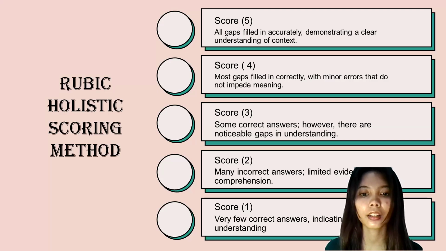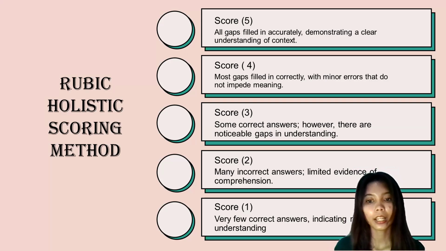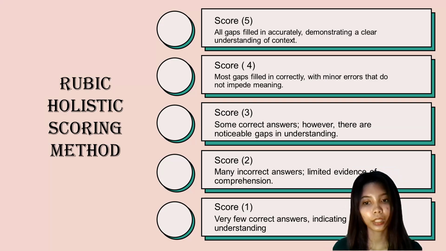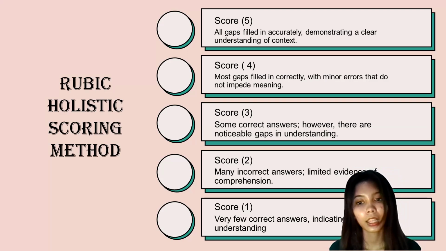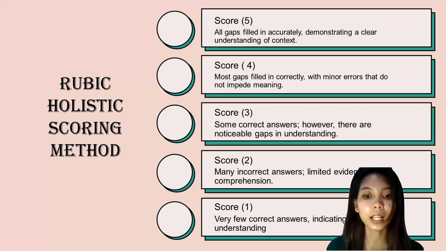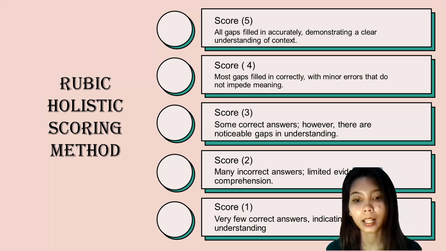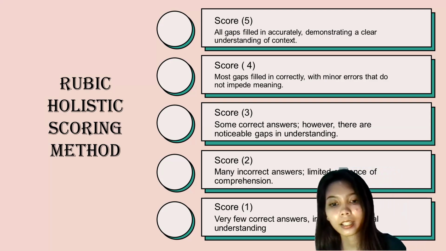However, there are noticeable gaps in understanding. And I will give you a score of 2 for many incorrect answers, with limited evidence of comprehension. And I will give you a score of 1 for very few correct answers, indicating little understanding.